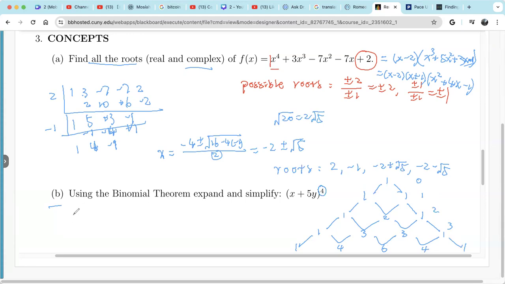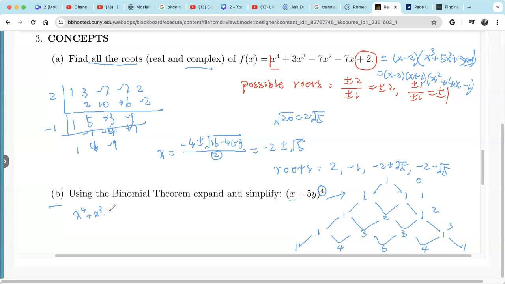So we have x raised to 4, right? Because it's degree 4. This first term. Then plus the second term will be x raised to 3 now, because the exponents of the first term go in descending order from 4, 3, 2, 1, then 0. And the exponent of the second term goes in ascending order. You see in the first term, 5y raised to 0 is 1.